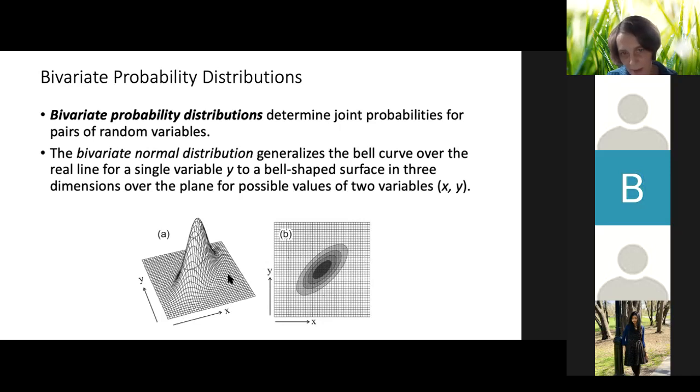Everything else here is more or less a plane, the flat area where the probability is close to zero. I hope that makes it a little bit clearer how to read that and what is meant by these bivariate normal distribution graphic representations.